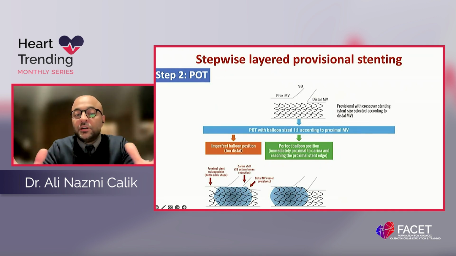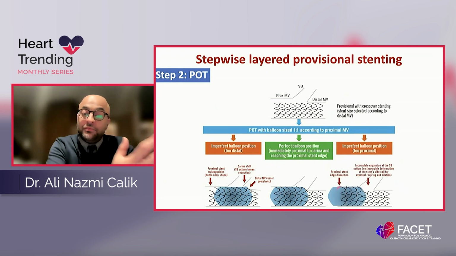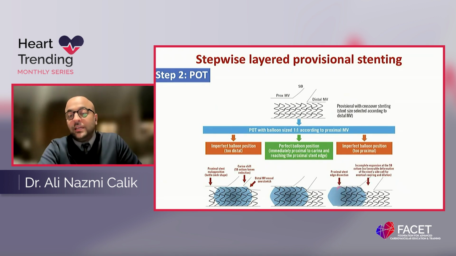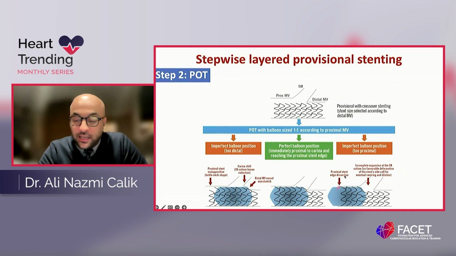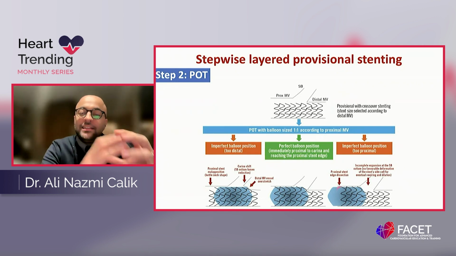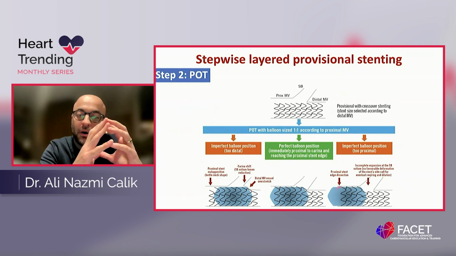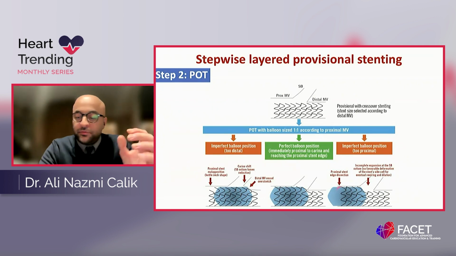You can over-stretch your distal main vessel, or if you perform an imperfect balloon positioning proximally, you will probably get incomplete expansion at the side branch ostium, and you can also create a proximal stent edge dissection. So while doing the POT, finding the optimum angle is really pivotal.